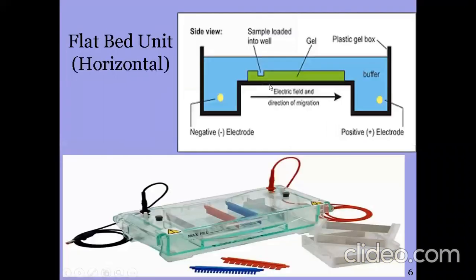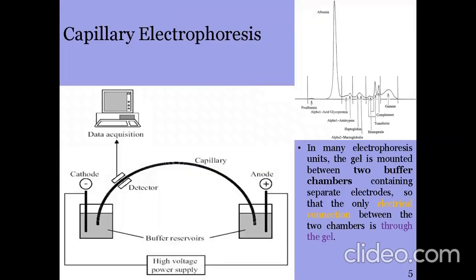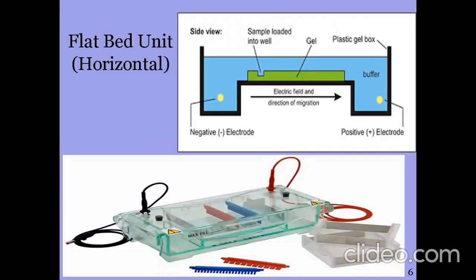Next is the flat bed unit, which is horizontal. The previous one was capillary, and now we are talking about the flat bed, horizontal type.